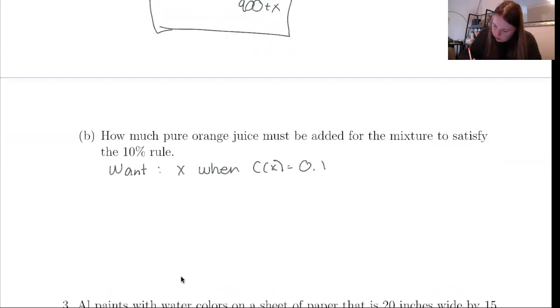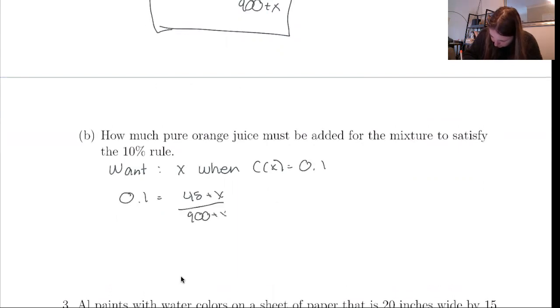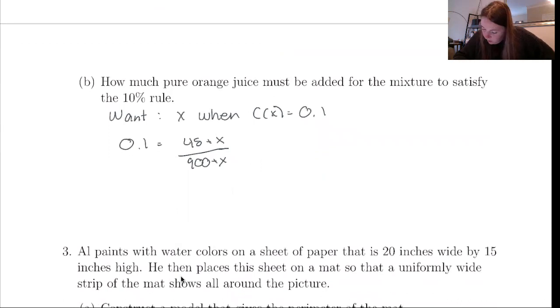Okay, so 0.1 is going to equal 45 plus x divided by 900 plus x. A good rule of thumb for these problems too is if I'm adding liquid to another liquid, the denominator is always going to be changing, right? It's not going to be staying the same. Same if I'm taking liquid away.